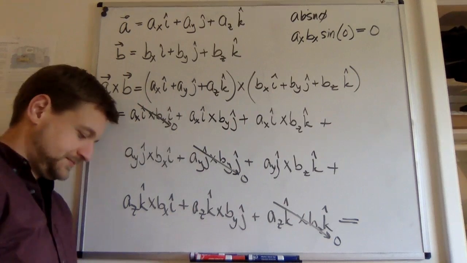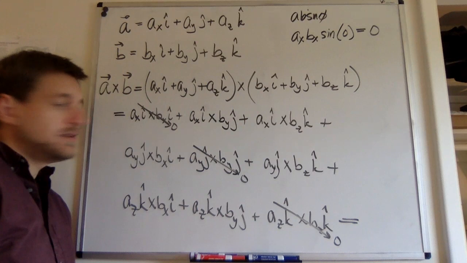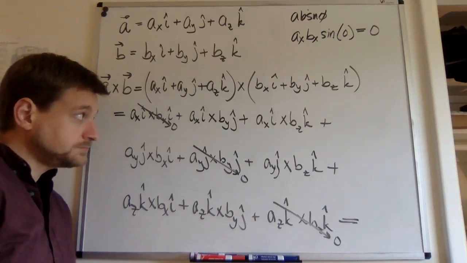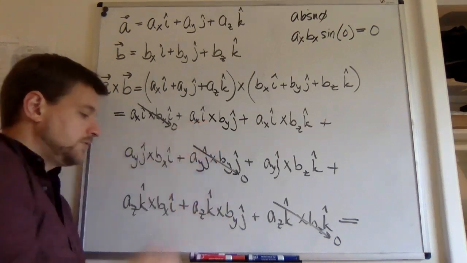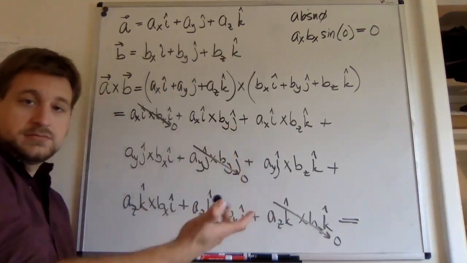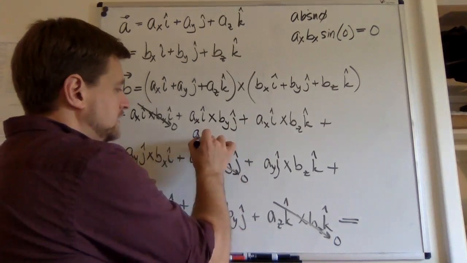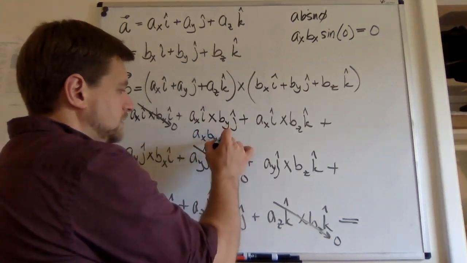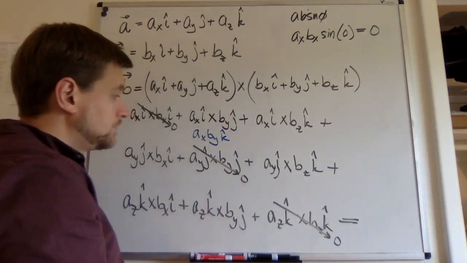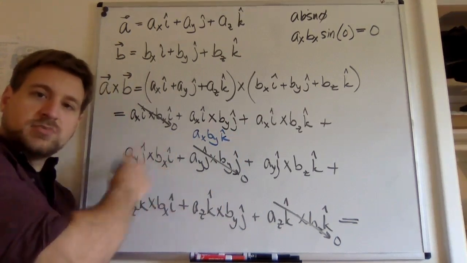All right, cool. And we can simplify things a little bit. We know that I cross J is going to be K. So this is AX, BY, K. J cross I is the backwards.